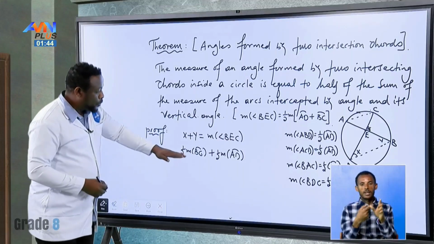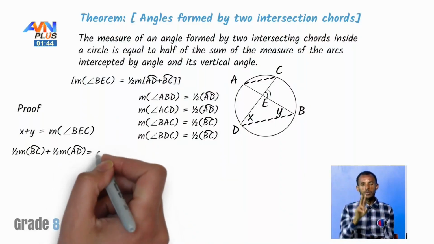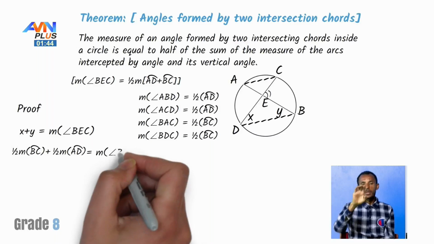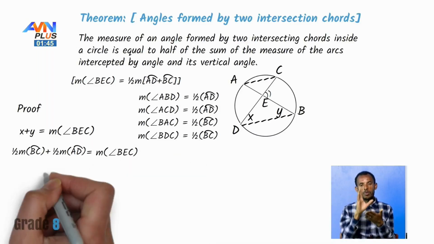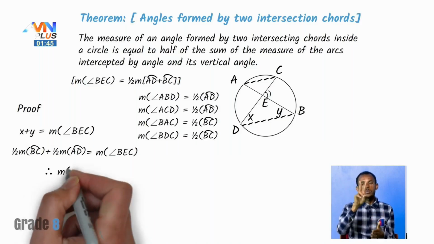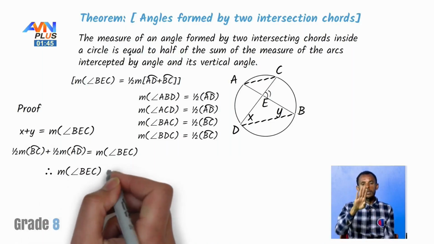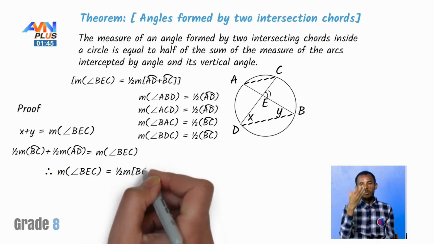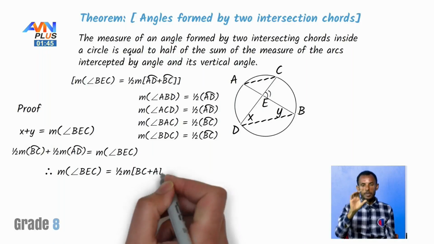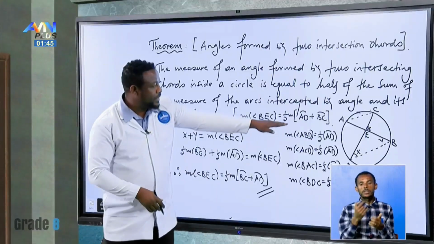So you can take out this half. This is the measure of angle BEC. Therefore, if you take out this 1/2 together, the measure of angle BEC is half of the measure of the arc BC plus AD, right? So this is the same as this one.